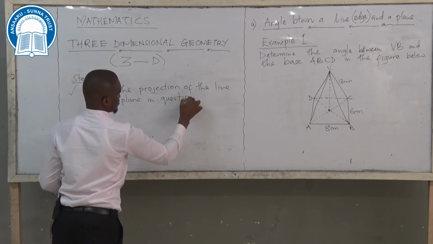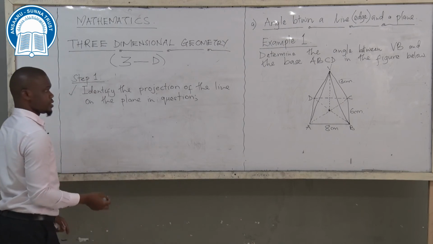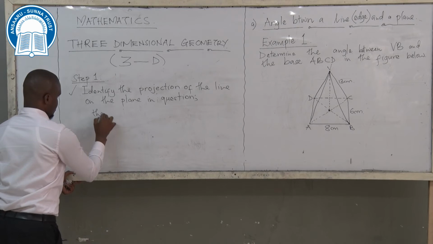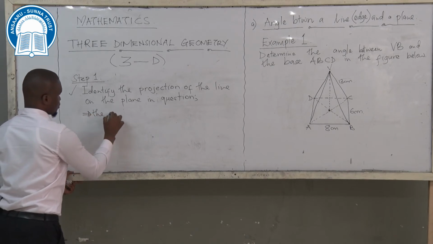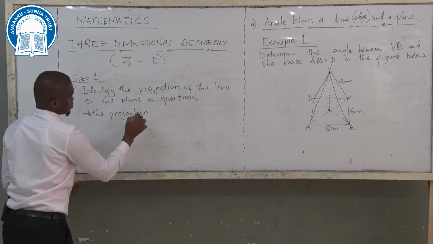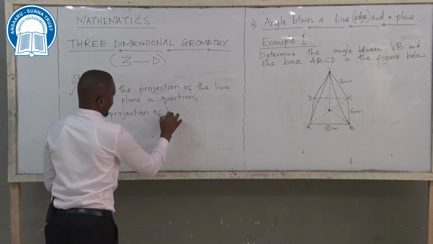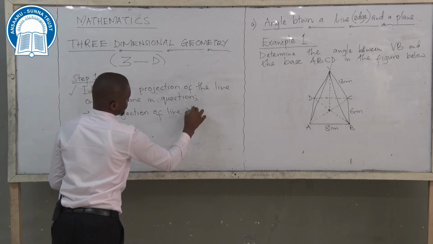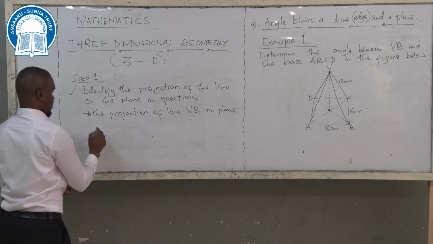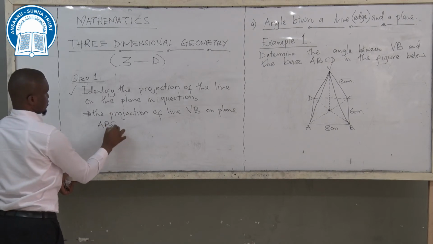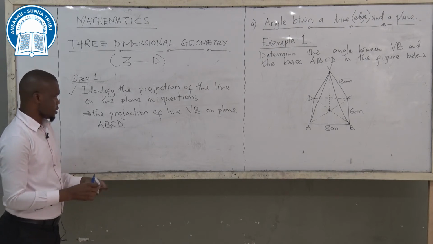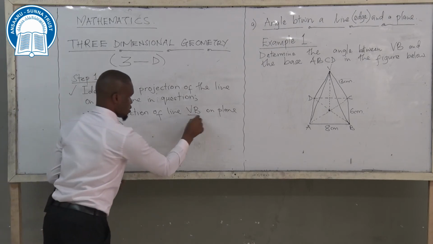For instance, in this case, we're supposed to identify the projection of line VB on plane ABCD. We are supposed to find out what is the projection of VB on which plane? On plane ABCD.